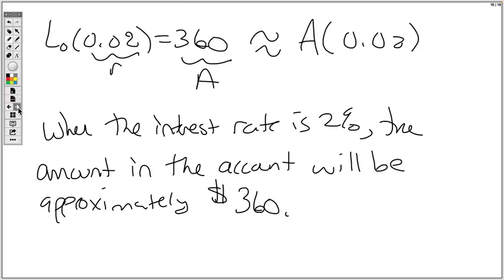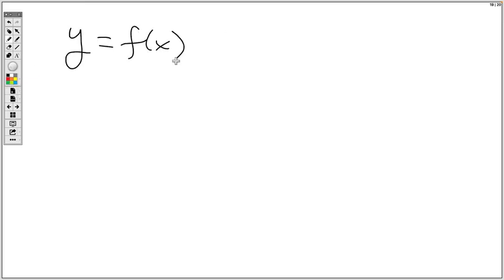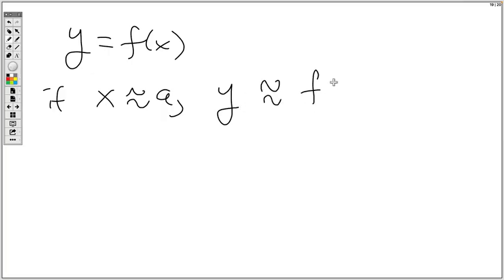So this is what differentials are. So this would be the differential. Okay. If y equals f of x, so if we get the dependent variable involved here, then we know that if x is close to a, y would be close to f prime of a times (x minus a) plus f of a.